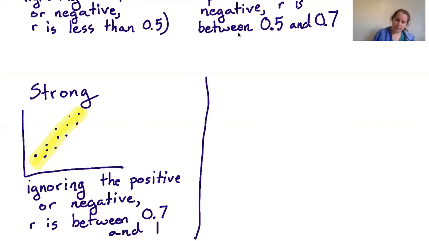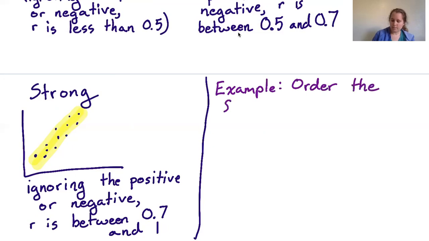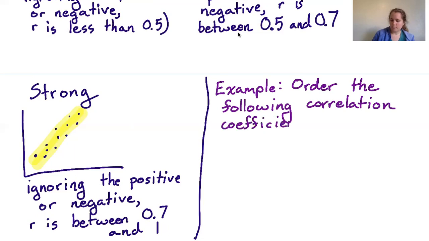So for an example, let's order the following correlation coefficients from weak to strong.